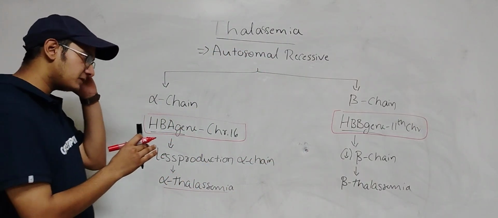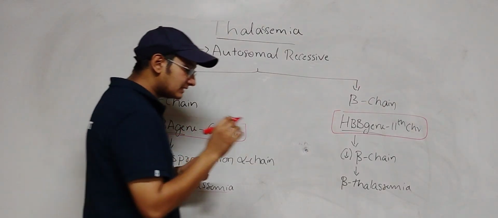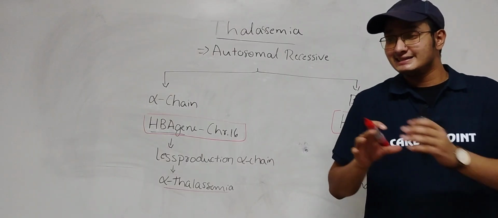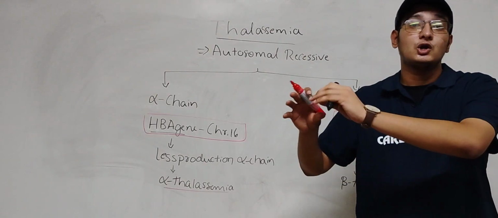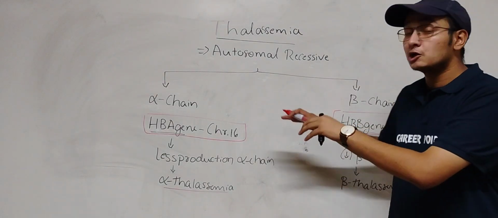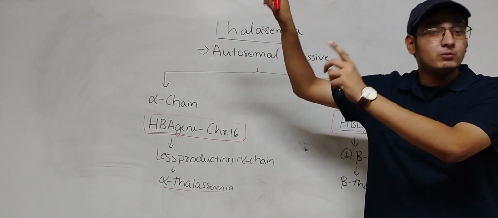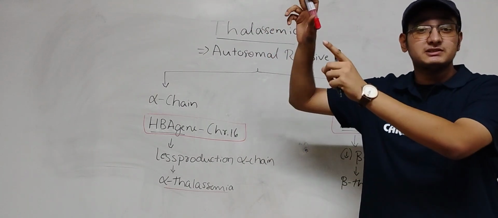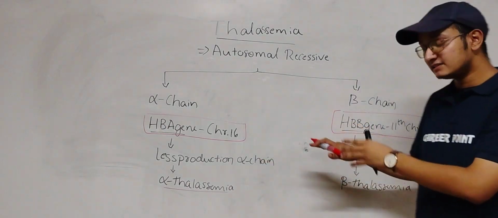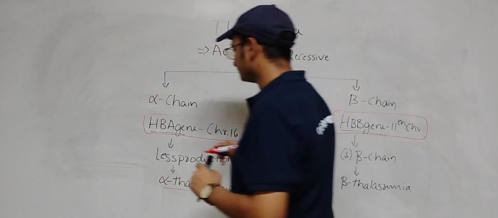So what's the difference between sickle cell anemia and thalassemia? Sickle cell anemia is a qualitative disease, which means there is a problem with quality. Here the problem is with quantity, less production. There the abnormal hemoglobin is formed, so it is qualitative. Here less production of hemoglobin is formed, and this is quantitative.